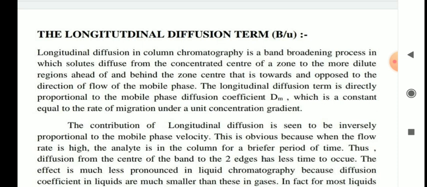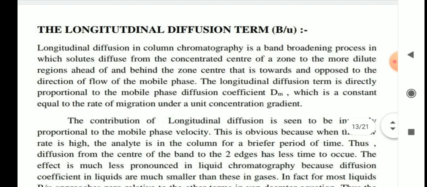That means they can diffuse in all directions, but because the column is long, the diffusion is usually longitudinal. That is, the molecules will move forward ahead in the mobile phase and behind also in the mobile phase. So this longitudinal diffusion will cause broadening of the band, and this is proportional to the mobile phase diffusion coefficient Dm.